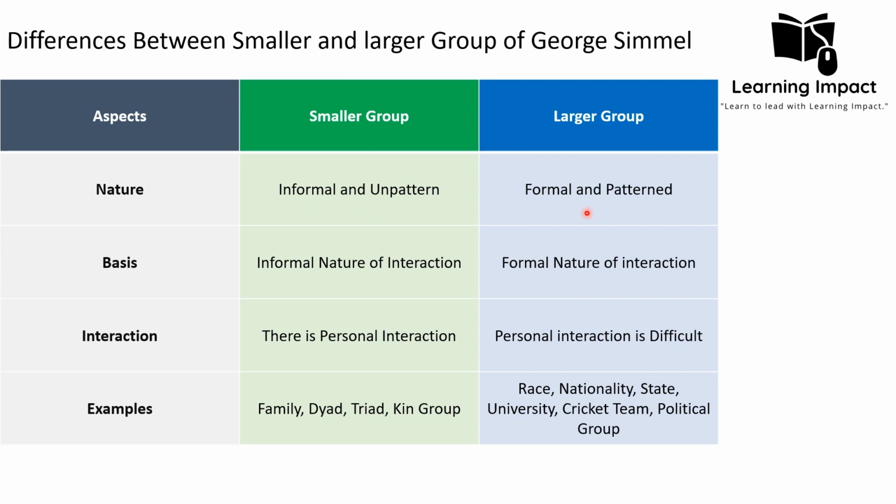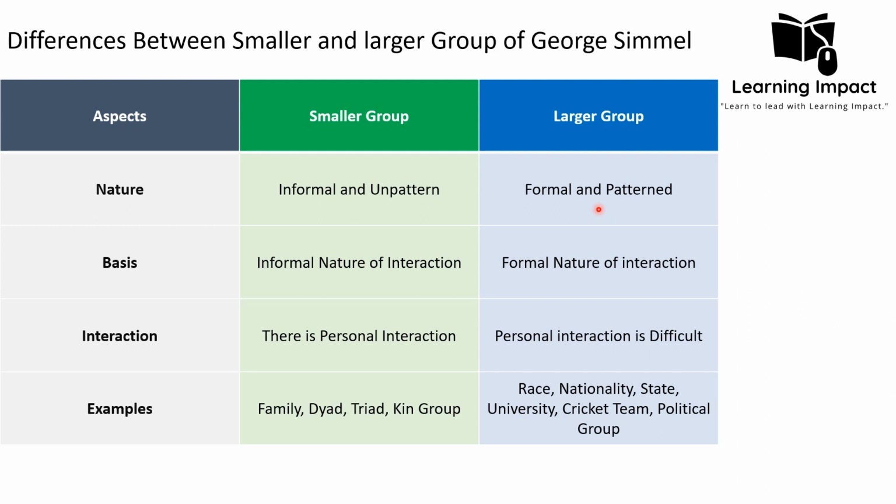But the larger group is considered formal and patterned because, for example, if we take the cricket team, members interact with each other according to some rules and regulations which have been passed by the cricket board.